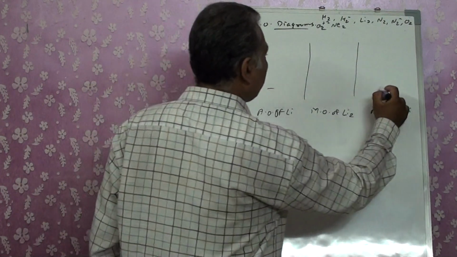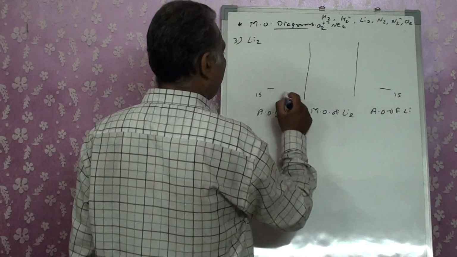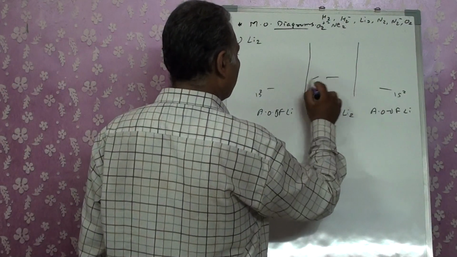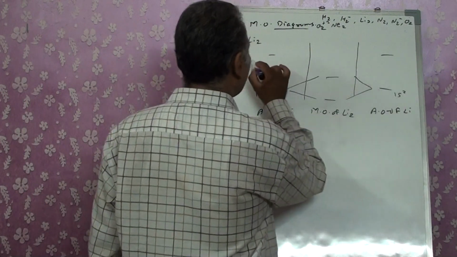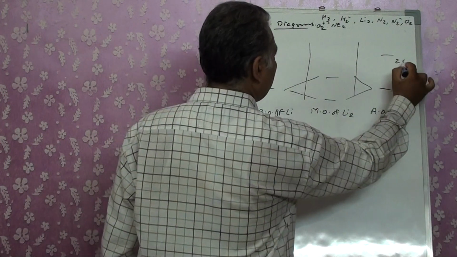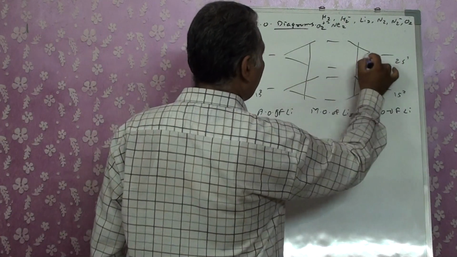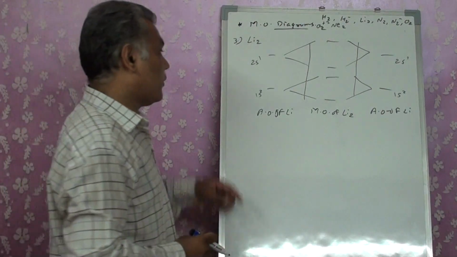We have the configuration 1s2, 2s1. That is the electronic configuration of atomic orbitals.